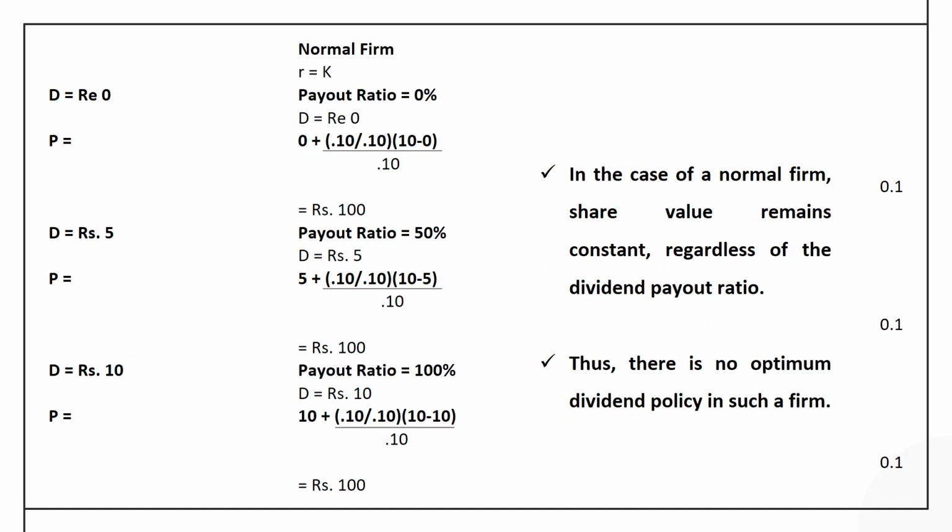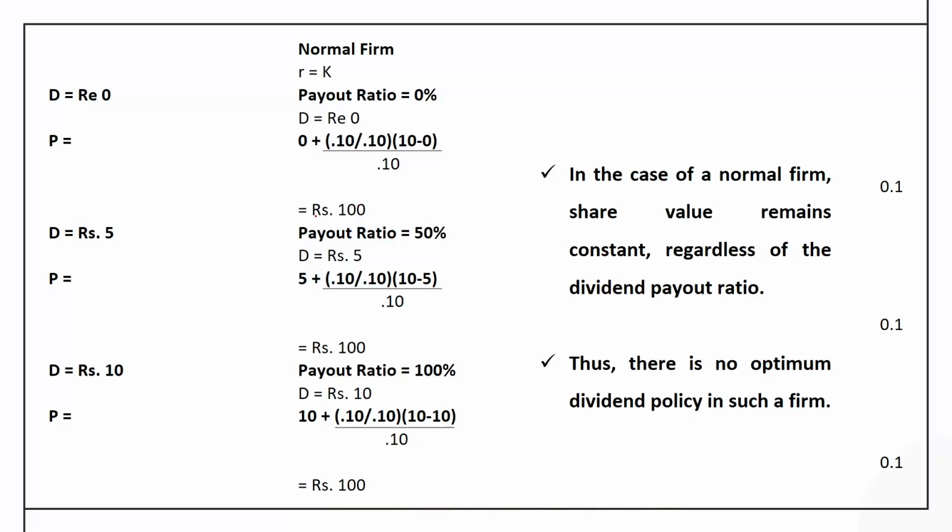If we repeat the same exercise for a normal firm, what do we mean by a normal firm? Where R is equal to K, that means the rate of return, which in this case is 10%, is equal to the cost of capital, which is also 10%, and we can see that the share price is rupees 100.